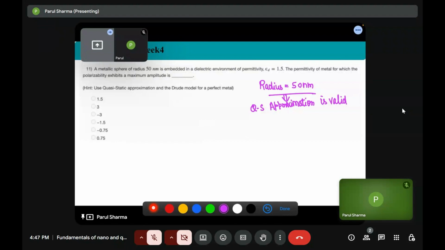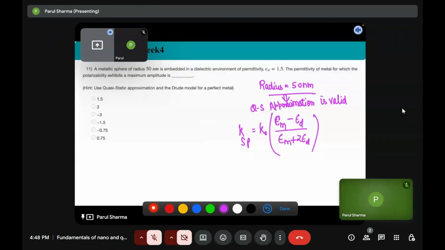So we wrote one equation for the polarizability.